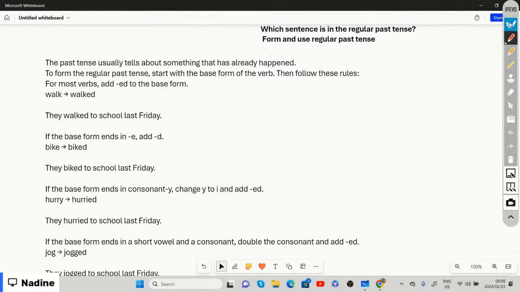And when it comes to the regular past tense, there is a specific rule that you need to follow.